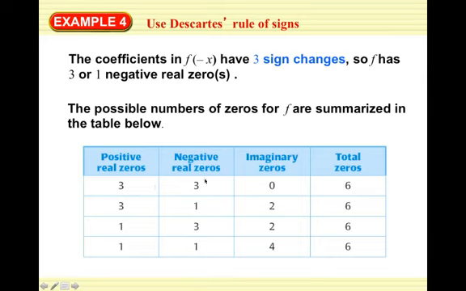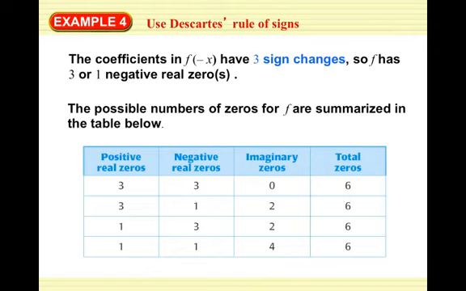We've matched 3 with 3 and 3 with 1. So now we're going to go to the smaller possibility for positives. So we've got 1, and that could be matched with 3 negative real zeros. So that's 1 plus 3, which is 4. We need to get up to a total of 6 zeros. So 6 minus 4 is 2. That means we would have 2 imaginary zeros.